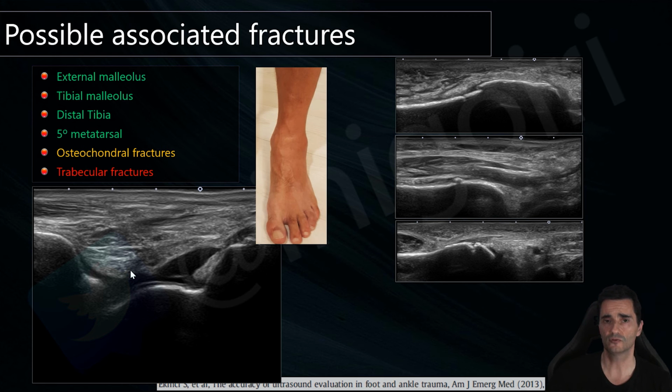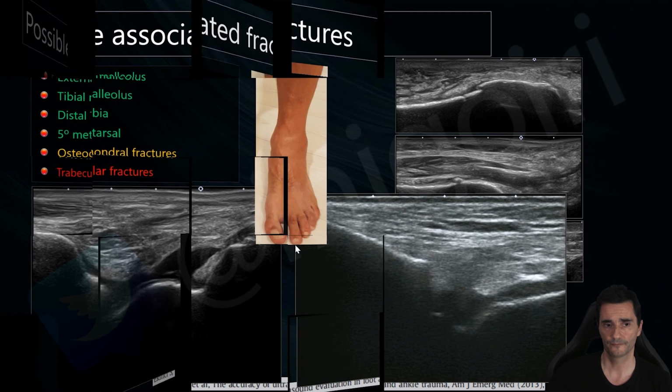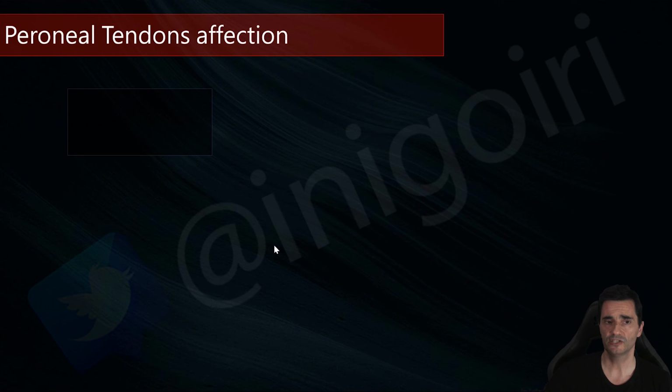But in the consultation, sometimes we will find these images, but very rarely, because usually these images are hidden inside the joint. Okay, this is an image of an osteochondral injury of the body of the talus.